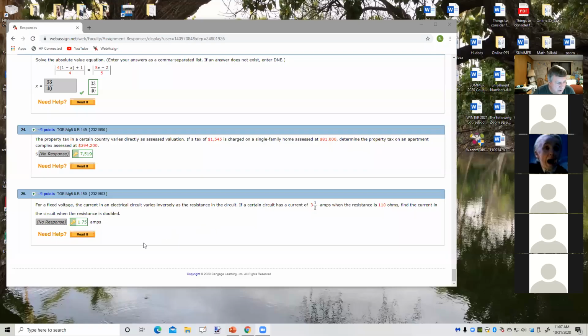It says, find the current when the resistance is doubled. Well, the resistance was 110 ohms. So what am I going to put in for the resistance now? 220, right? 2 times 110, so 220.